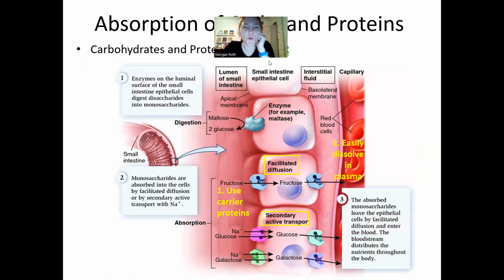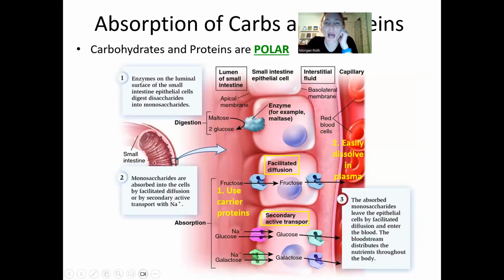Okay, so at this point, we have talked about digestion of carbohydrates and of proteins. Let's talk about how we get those nutrients into the blood so that they can be delivered to the cells. So these molecules, they are polar. Okay, so think about how that influences cell transport. Think back to the cell transport.